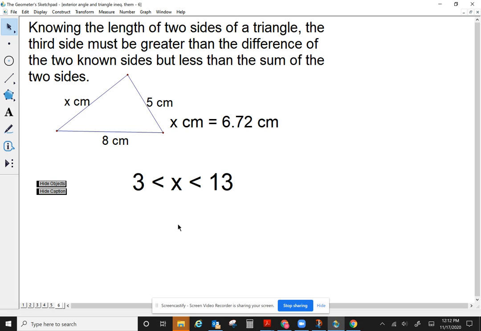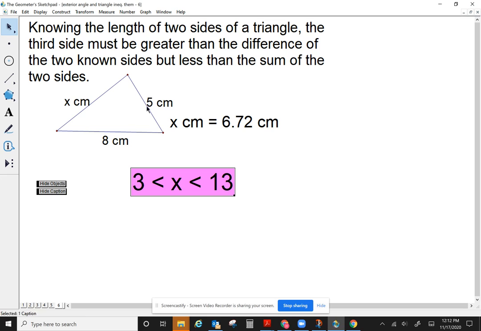Now, knowing the length of two sides of a triangle, the third side must be greater than the difference of the two known sides, but less than the sum of the two sides. All right, this mumbo jumbo, let me translate it to English. You might be wondering, how am I going to get these numbers, 3 and 13, if I don't have this program, I don't have Sketchpad, or I don't know how to use it? Now it's easy.